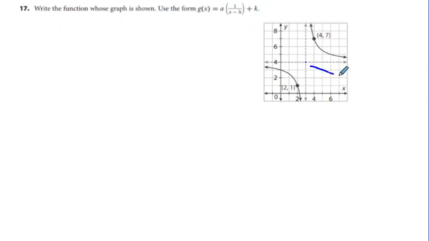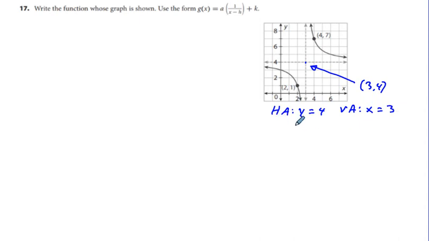Our center value is going to be the point 3 comma 4. So this means that our horizontal asymptote is y is equal to 4. Our vertical asymptote is the equation x is equal to 3.